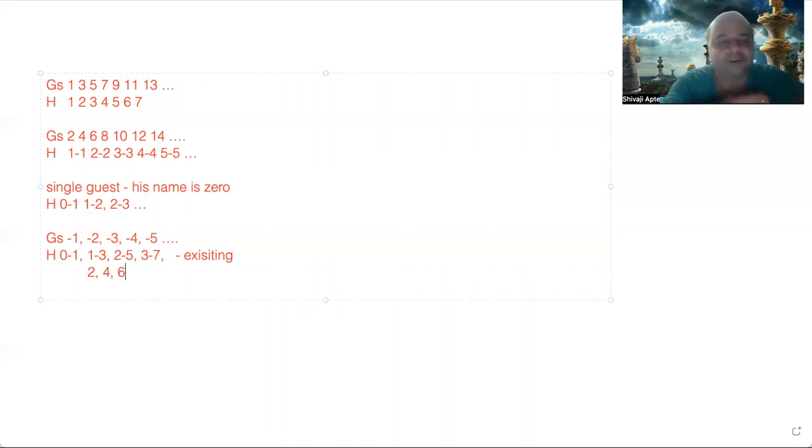So far our hotel clerk has accommodated first the infinity of odd numbers, then the infinity of even numbers. Then he added one more guest with the 0. Now he added the infinity of negative integers. All of them accommodated, right?